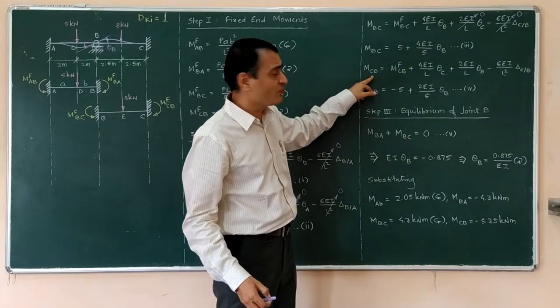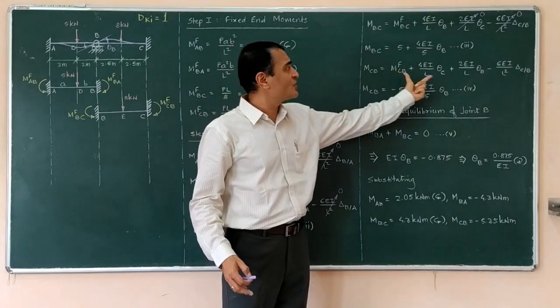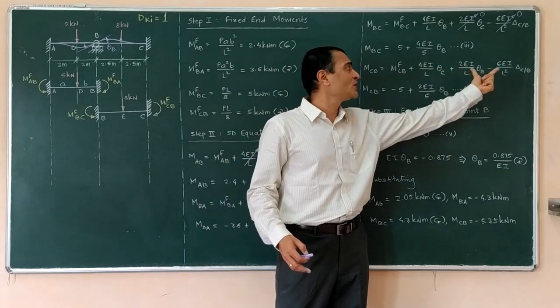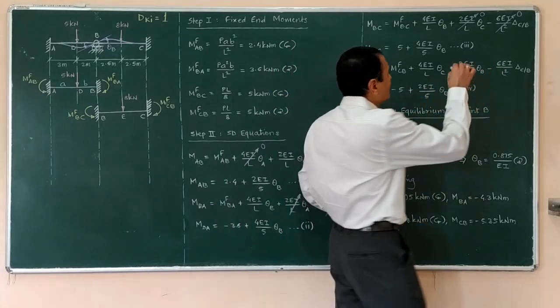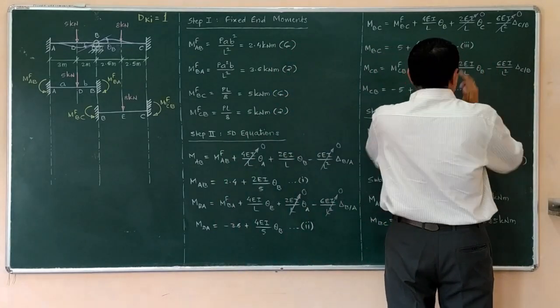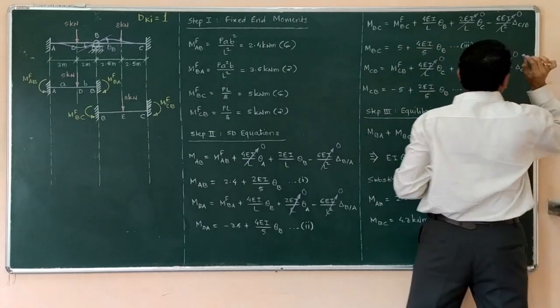I go ahead along the same lines. M of CB, end moment CB is equal to MFCB plus near end rotation contribution, far end rotation contribution, relative deflection contribution. Again, there is not going to be any theta C term. There is of course theta B term, but there is not given any sinking of support.